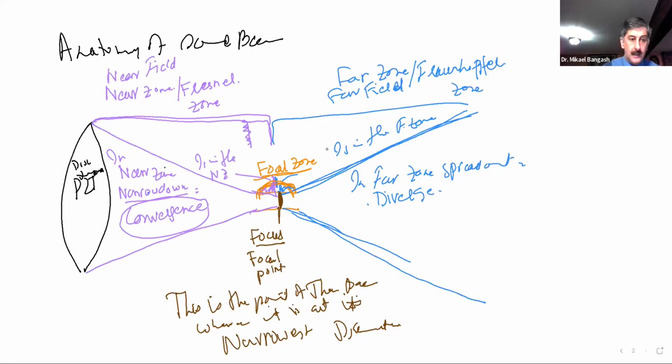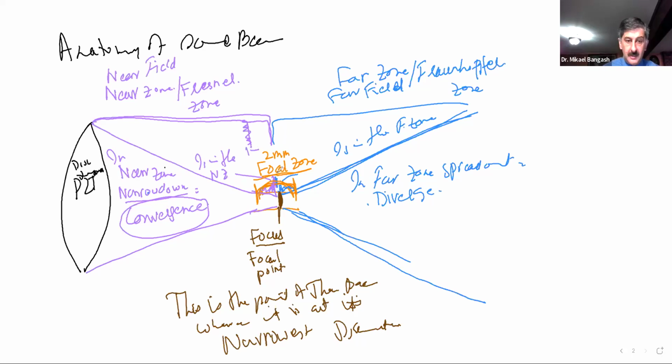Let's say, just to explain, that our focal zone was 2 millimeters, which means from here to here the distance was 2 millimeters. If you ask how much of the focal zone will be in the near zone, that will be 1 millimeter.